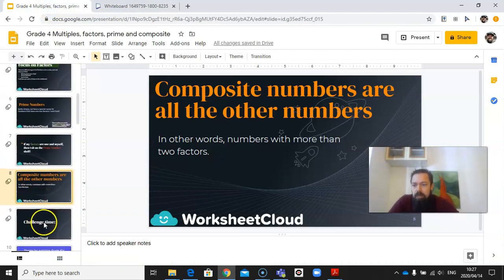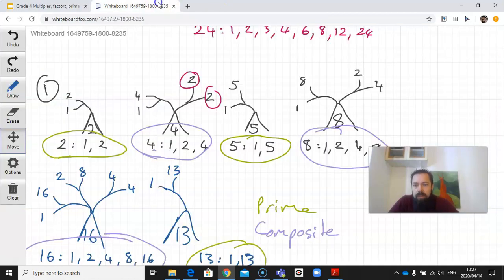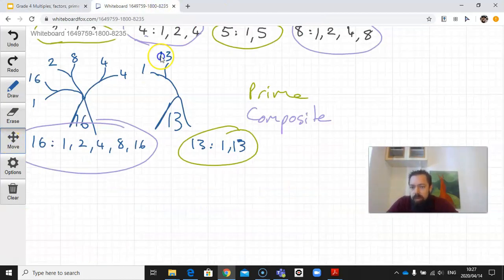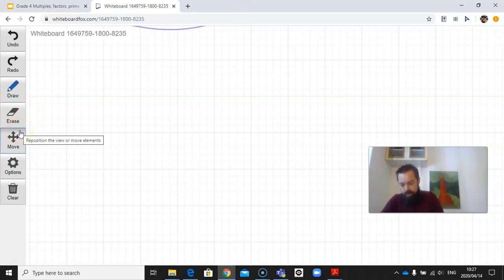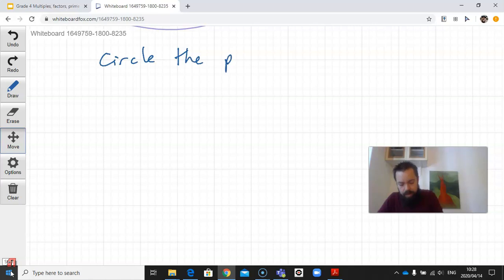Just enough time for a challenge. So I'll move my whiteboard, and your challenge is this. Circle, or in your case, write it down on a piece of paper, the prime numbers.